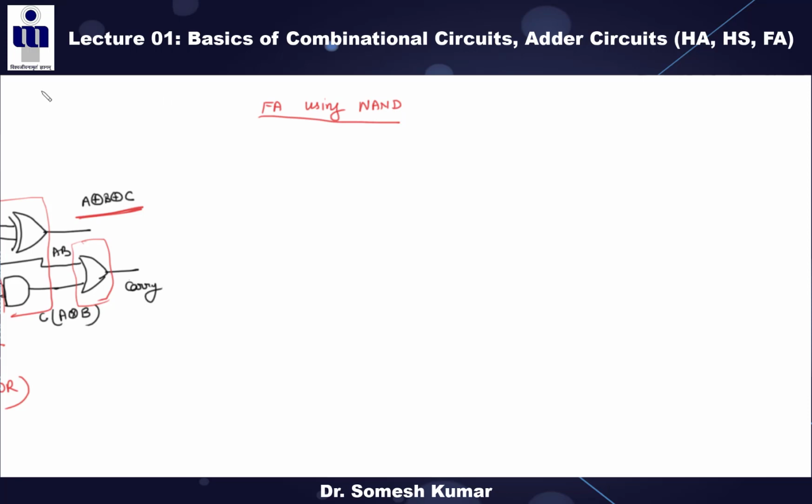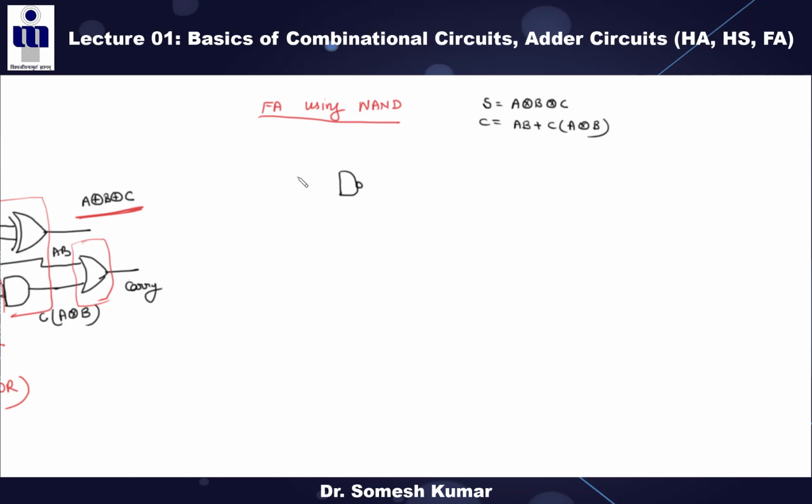So for the full adder, sum is A XOR B XOR C and carry is AB plus BC plus CA. And how can we design the XOR gate using NAND gates?